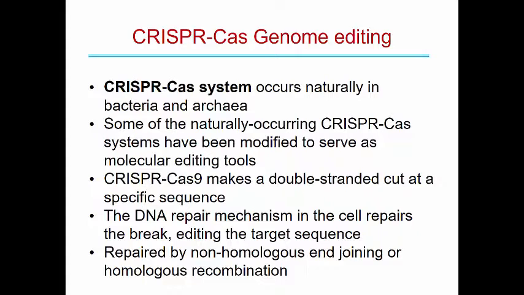Sometimes we just want to destroy a defective gene. By the time the repair is made, usually those ends are unstable enough that they've been degraded, and they can't make the target protein that's causing the problem. Other times, a new piece of DNA is introduced, and the defective gene can be replaced by the new one.